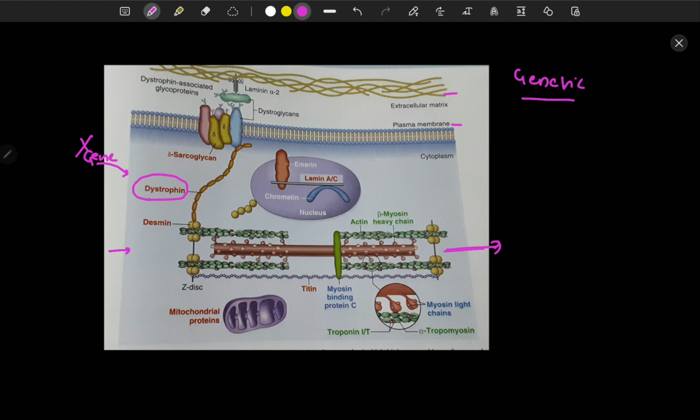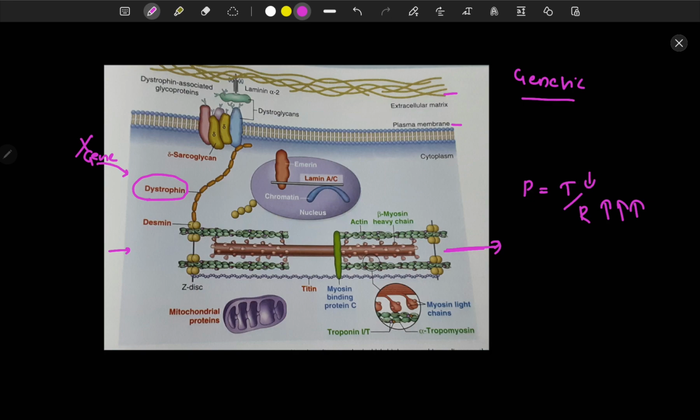So by the Laplace law, the pressure is equal to the tension generated in the wall divided by the radius of the cavity. As more blood is coming, there is progressive dilatation. So you can see that the radius is increasing progressively, and as the force generating mechanism is impaired, it is unable to generate the required tension.